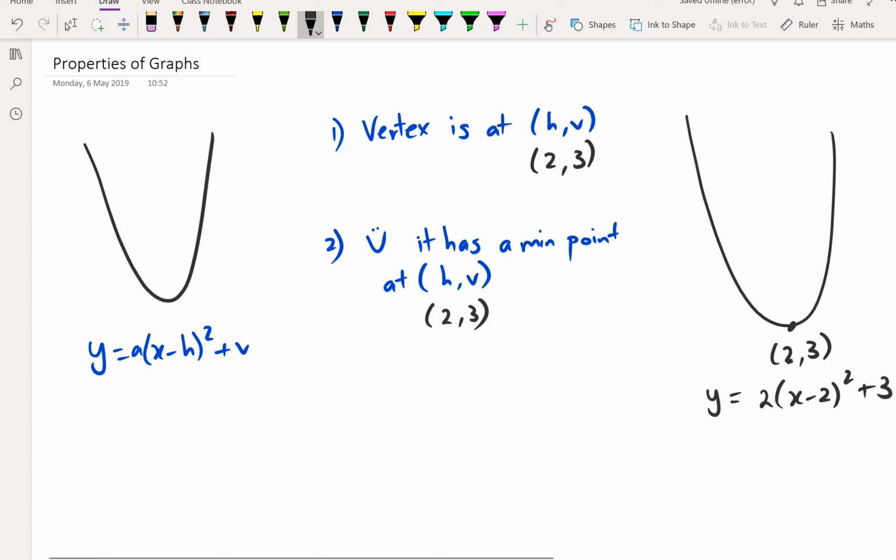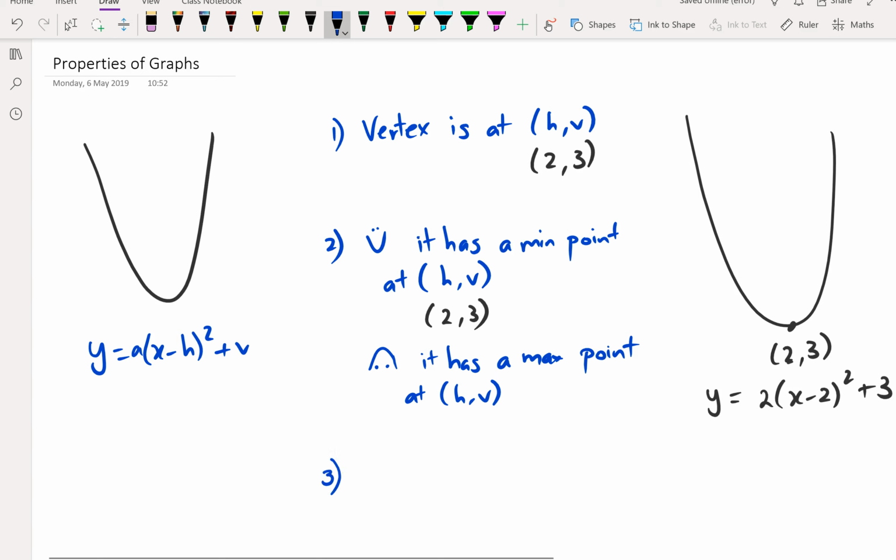Now if it was upside down, like a sad face, then it has a maximum point, again at (h, v). So already we've covered a couple of things that you already know. You already know what a vertex is, and then it's just a matter of saying where the minimum and maximum point is.